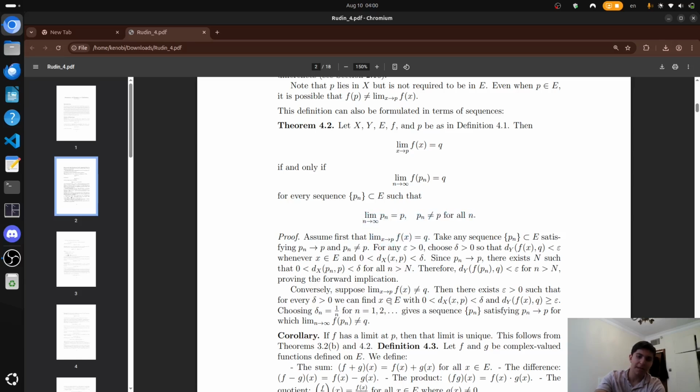Conversely, suppose limit as x goes to p of f of x is not equal to q. Then there exists epsilon greater than 0 such that for every delta greater than 0, is it for every delta? I'm not sure. Let me just check.